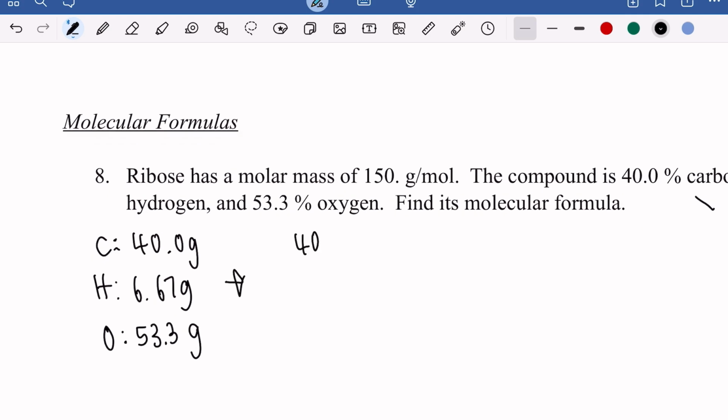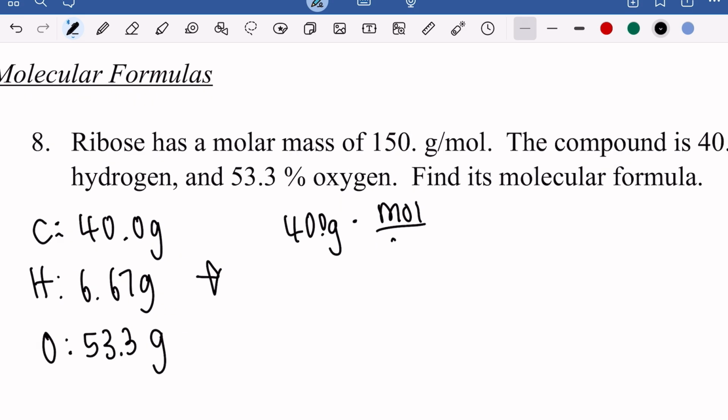Grams times moles over molar mass: 40 over 12, 6.67 times 1 gram, and 53.3 over 16.